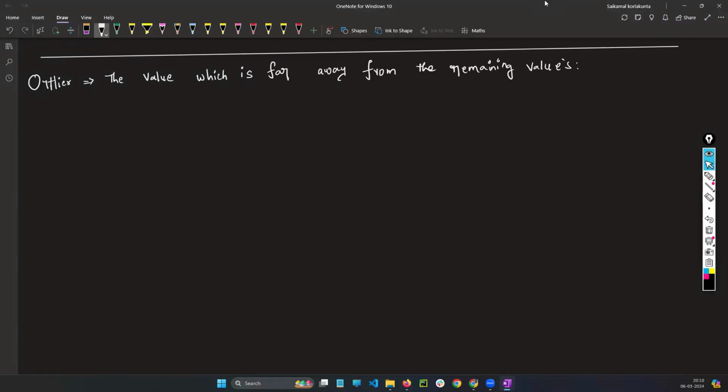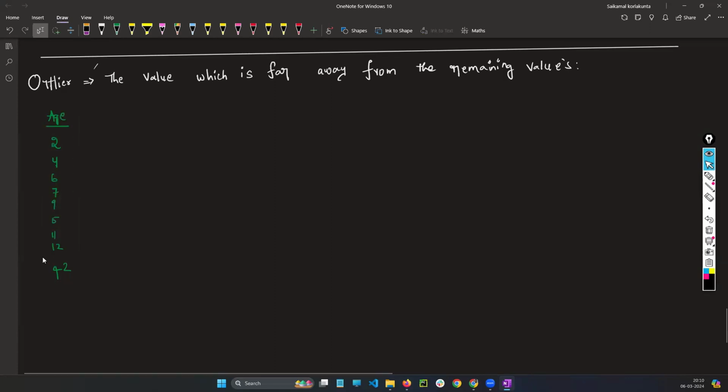For example, guys, if you have a column known as an age column, where you have values something like 2, 4, 6, 7, 9, 5, 11, 12, 42. If you see the values, how beautifully they are arranged. The values you see here are close to each other.